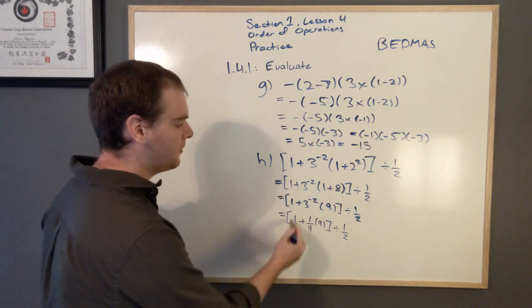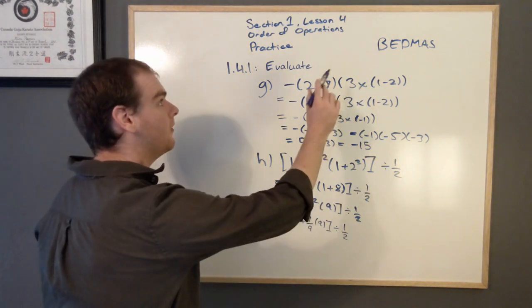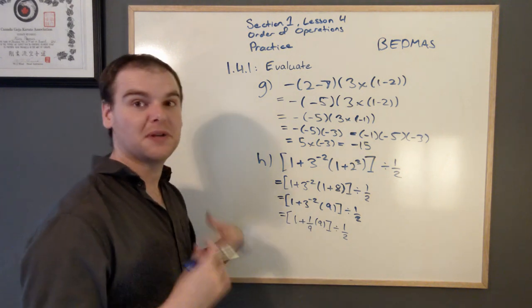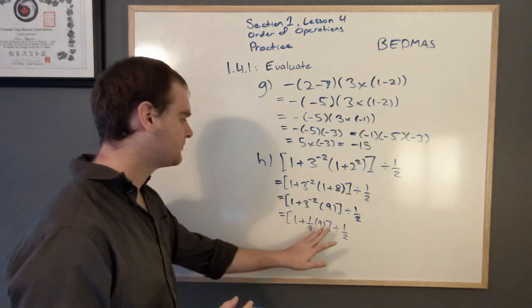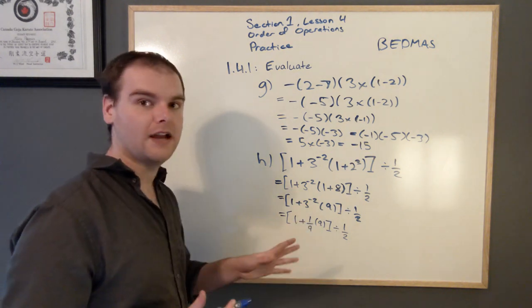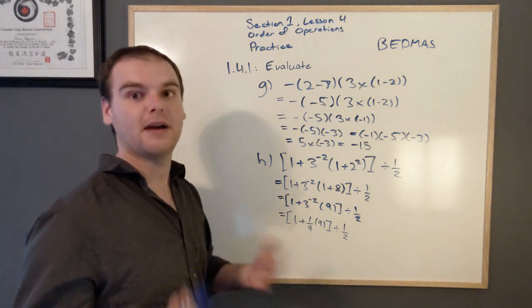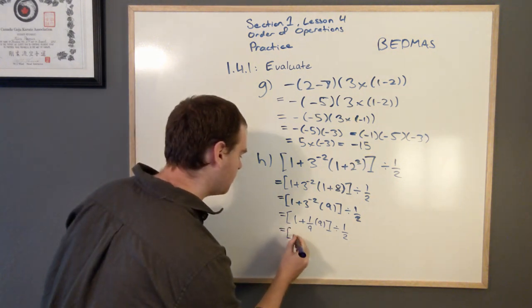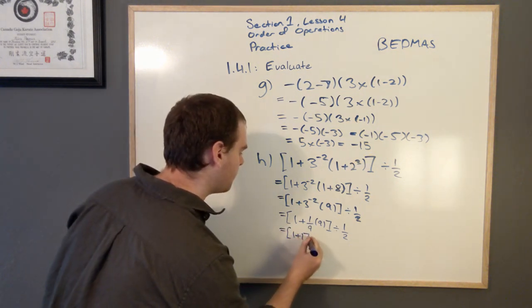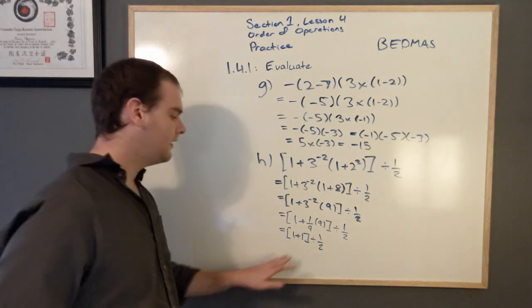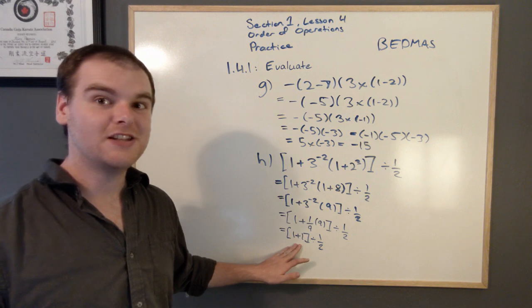So next we go over here, we've done all the exponents, we've done all these brackets, so now we do the multiplication and division. So we have a multiplication right here of 1 over 9 times 9, which will be 9 divided by 9, which is 1. And then there's only this addition left to do.